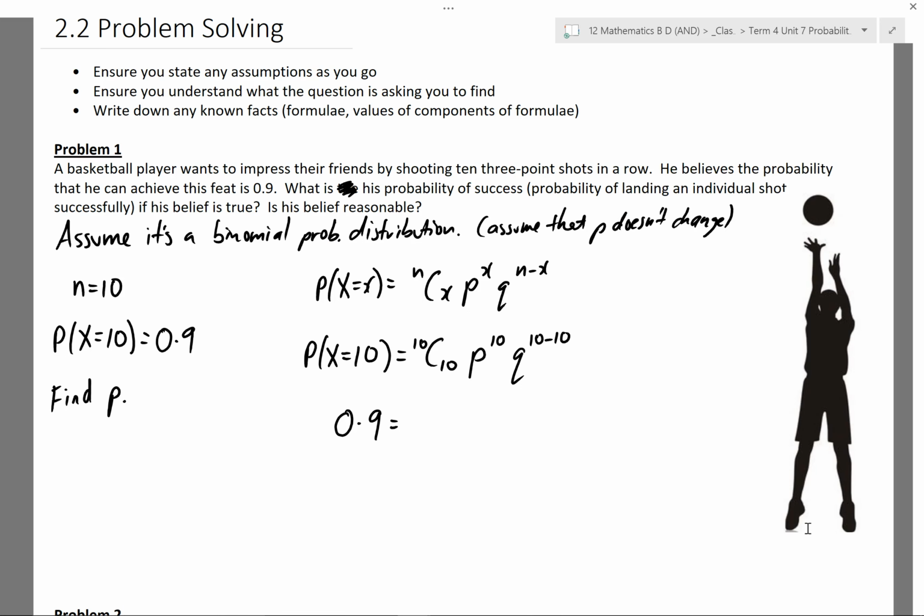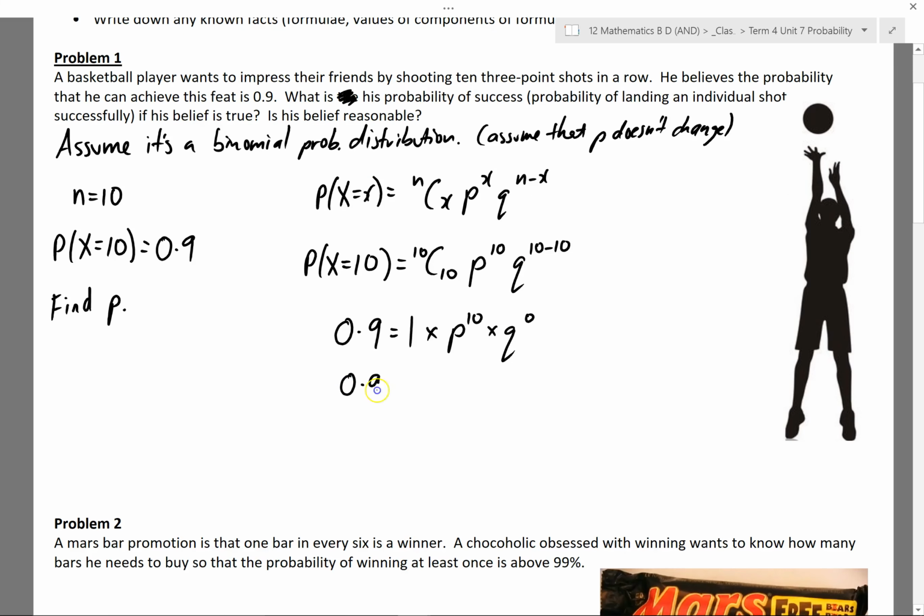NC10 is 1 times P to the power 10 times Q to the power 0. So 0.9 equals 1 times, don't need to write that, P to the power 10 times Q to the power 0. Anything to the power 0 is 1, so it's times by 1 again.